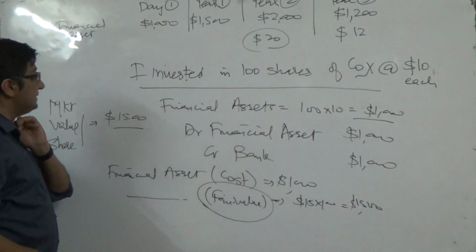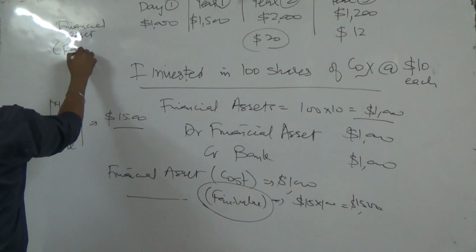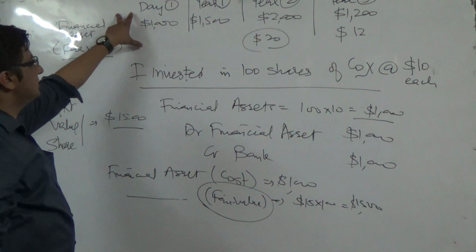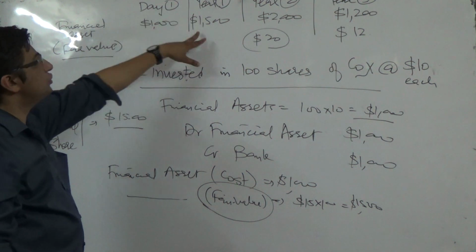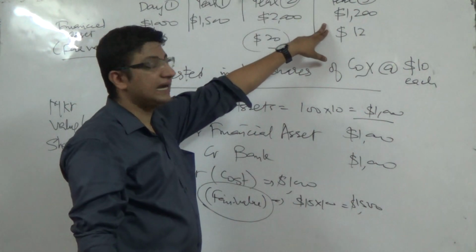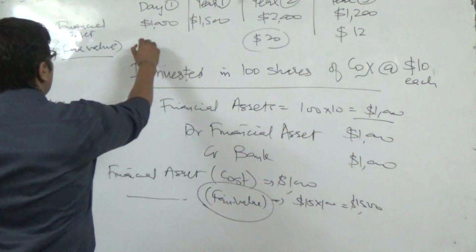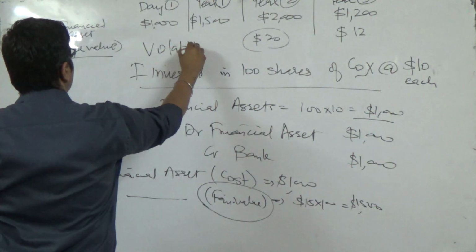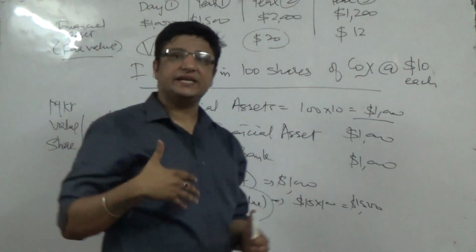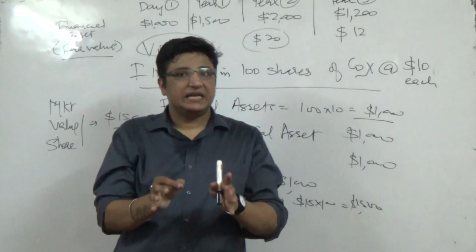Now what we're looking at is using fair value. This is 1,000. It changed to 1,500. It again changed to 2,000, and then it declined further to 1,200. So you see a lot of volatility in your balance sheet. The numbers are changing time and again. And sometimes it happens without any fault of yours.